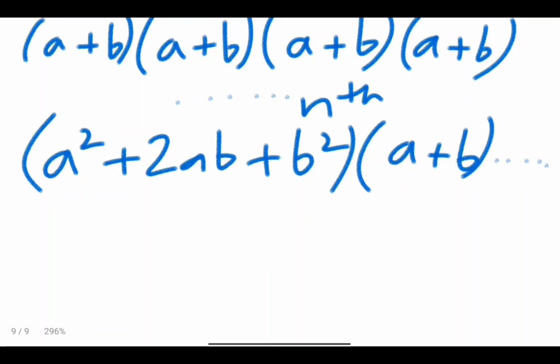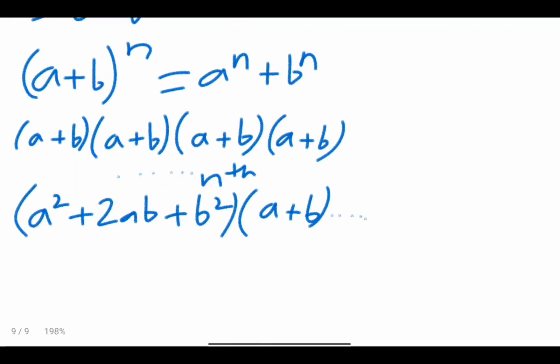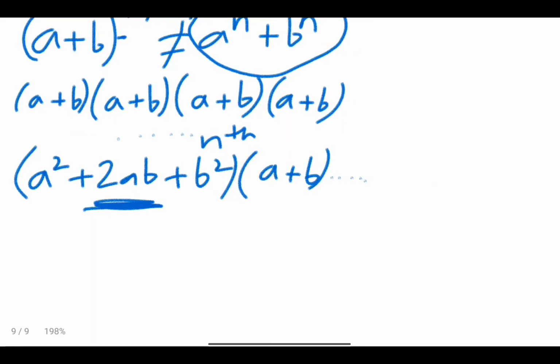Now, if we say that this equals this, which it is not, then what about this extra term we already have, right? The problem with this is at the end we will have something like this, a to the power n, a very long number of terms, and then finally b to the power n.